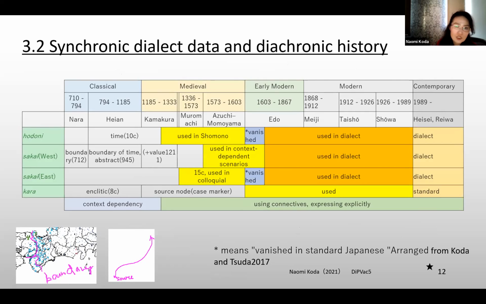This is synchronic direct data, and diachronic history, made by Koda and Tsuda 2017. Sakai originally derived from a noun which means boundary of the land, and established causal usage in the 15th century and then radiated out over 1,000 kilometers.